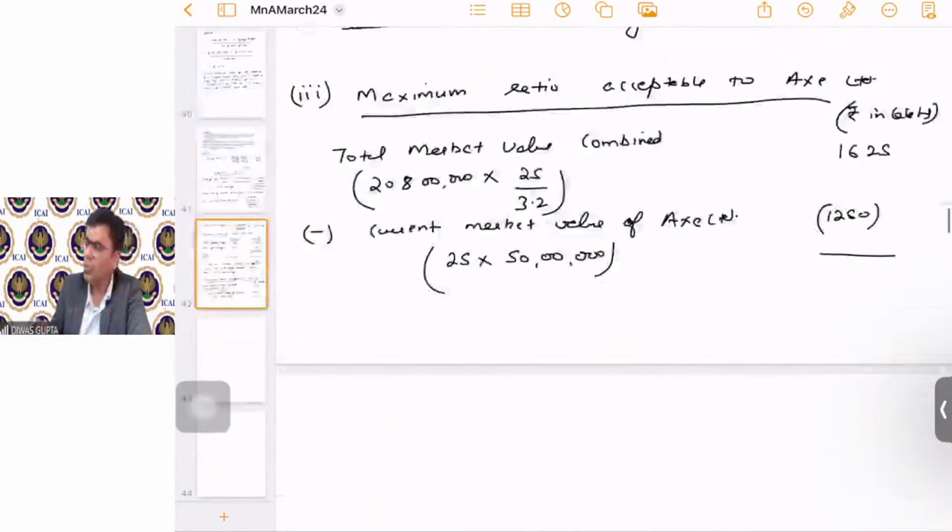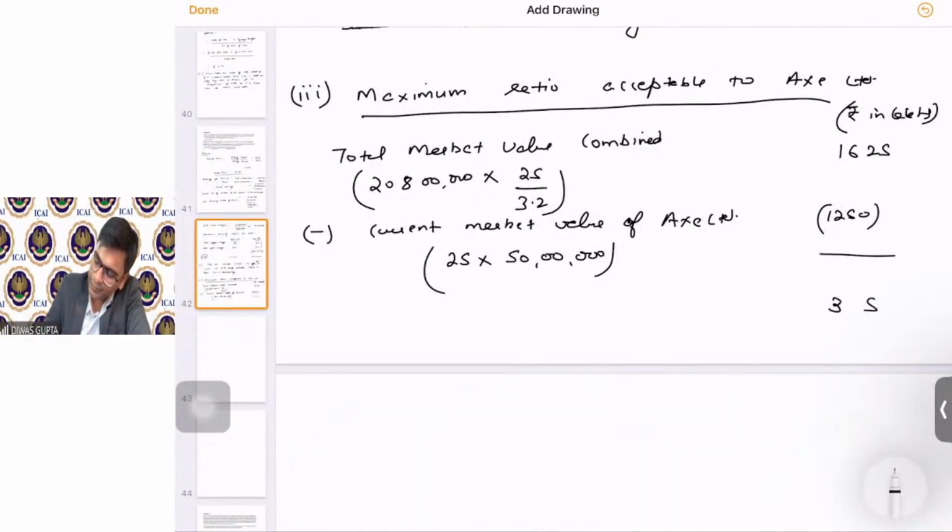Okay, students, so this comes as 375. Now this 375 is the maximum acceptable to X Limited, right? Because whatever is the total value after merging, this is the current market value. So 375 is the maximum they are able to pay.